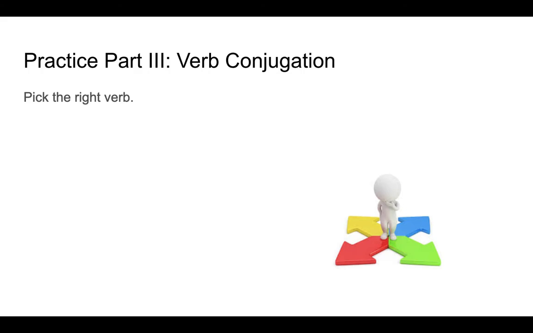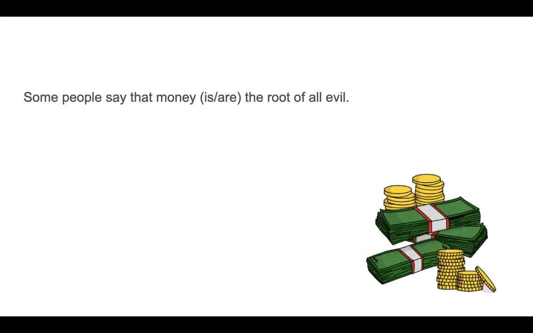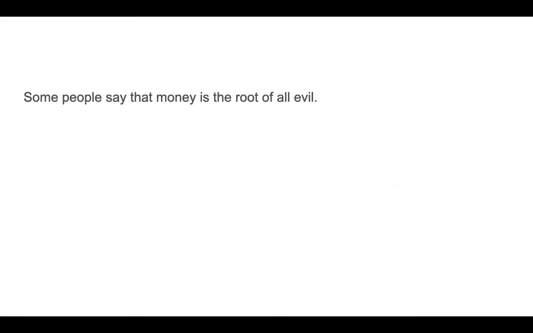All right, practice part 3. This is just an exercise in verb conjugation with count and non-count nouns. You're just going to pick the right verb. Some people say that money is the root of all evil.